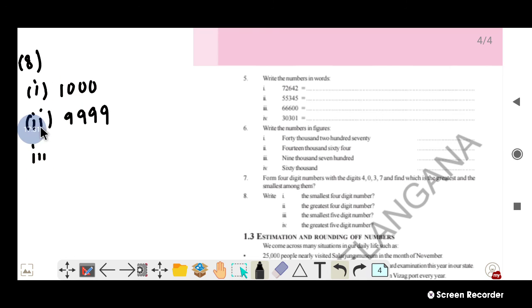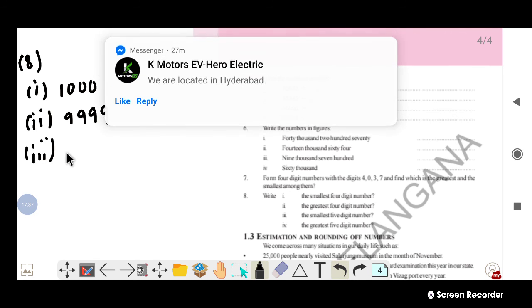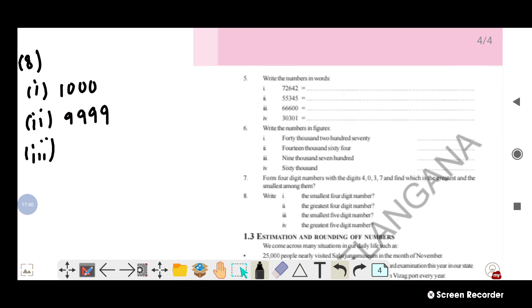It's not moving. Just wait a minute. So here this is the third one. The greatest 4-digit number. So which is the greatest 4-digit number?